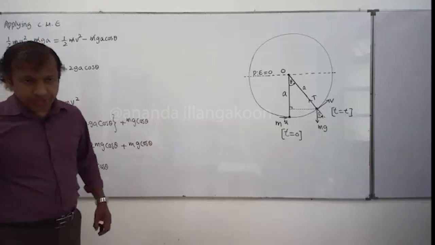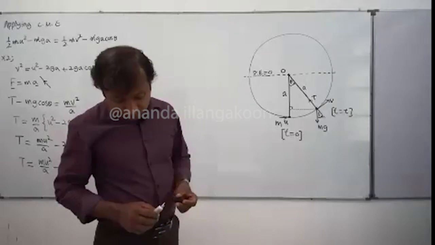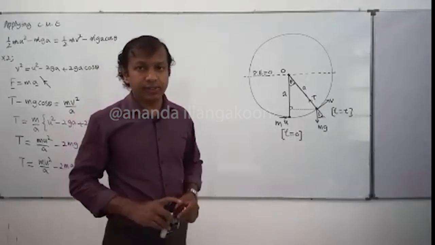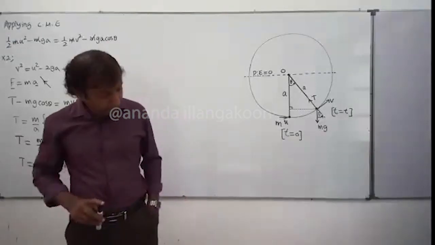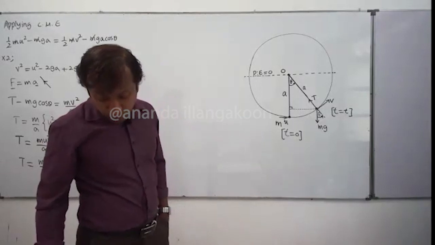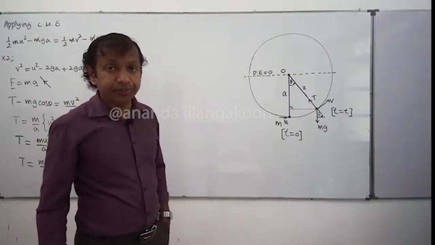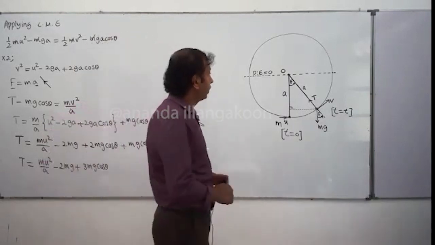What is the first question asking? So that for complete revolutions, for complete circles, that is asking, right? u squared greater than or equal to 5ga. What is the condition required, people, for the complete circles?